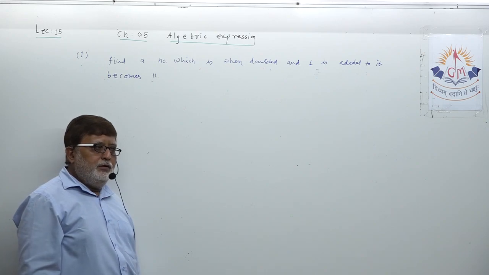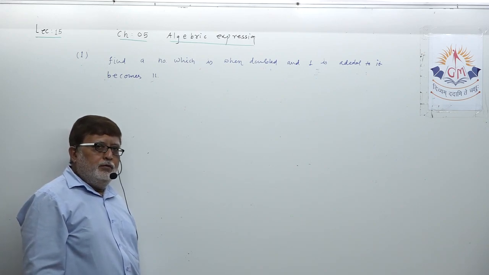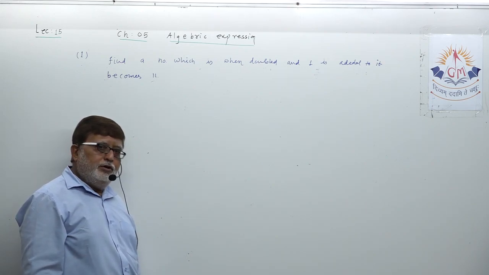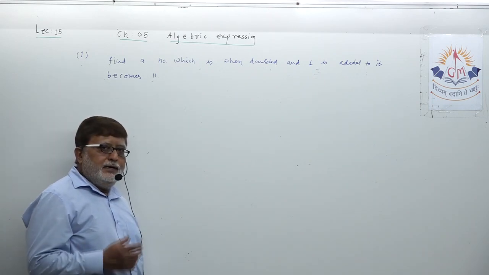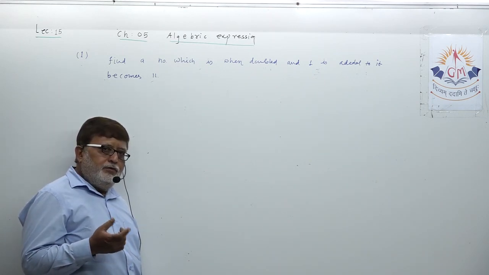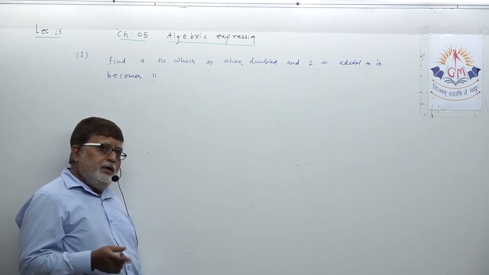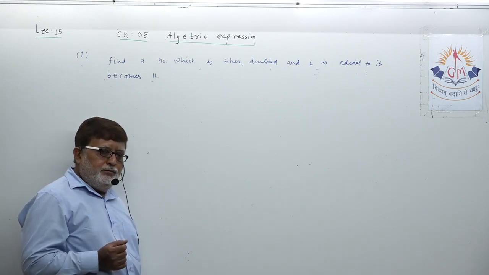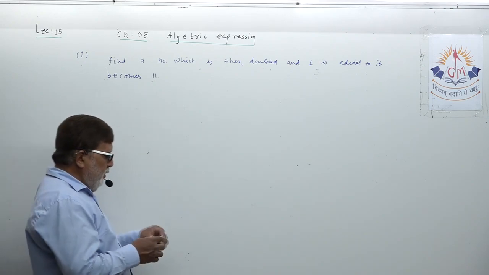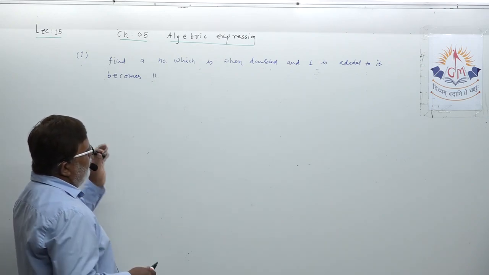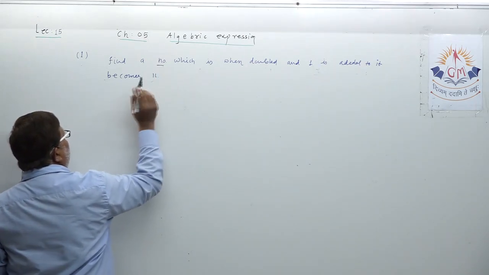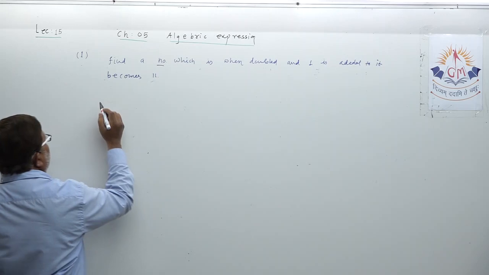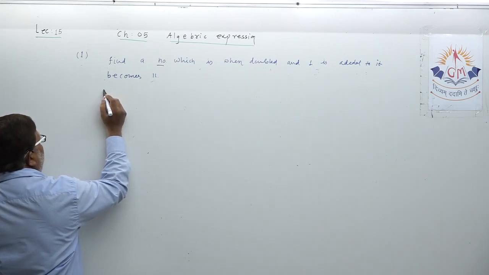In solving a word problem, what is your target? You have to suppose the number. We do not know which number it is that, when doubled and one is added to it, becomes 11. So first, dear student, in solving any word problem, because you don't know that number, you have to suppose it first.